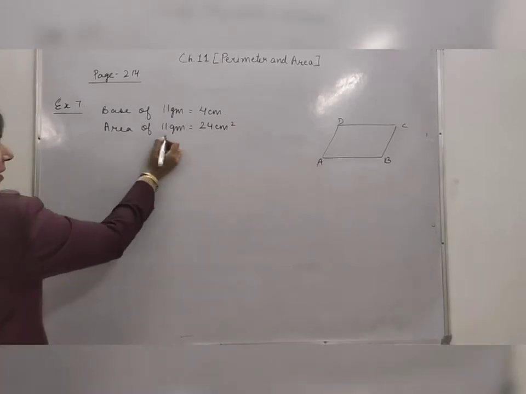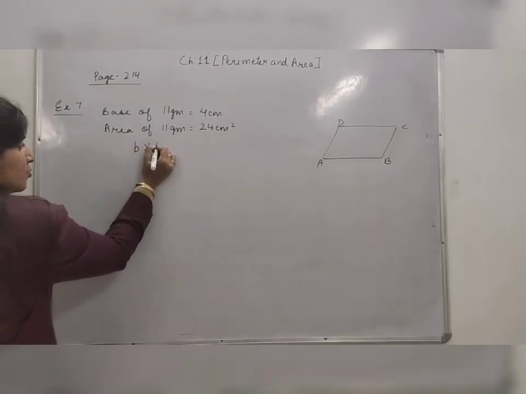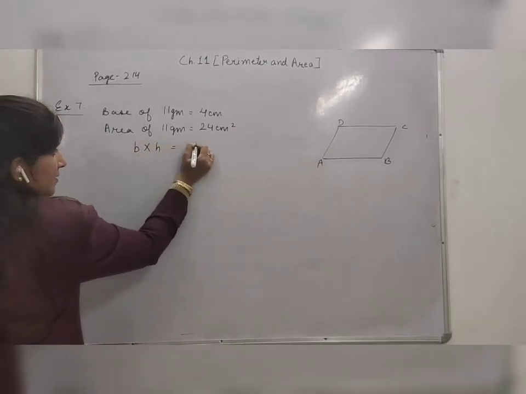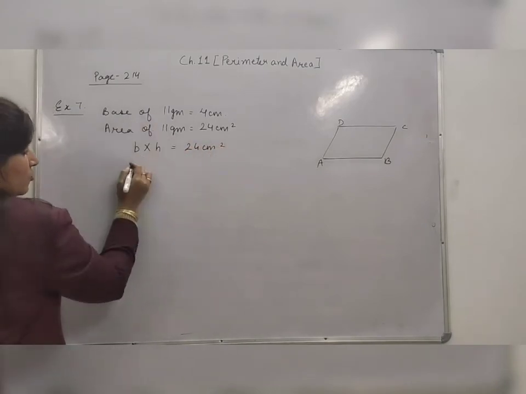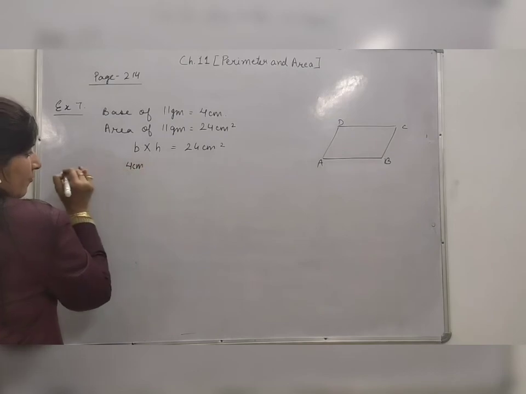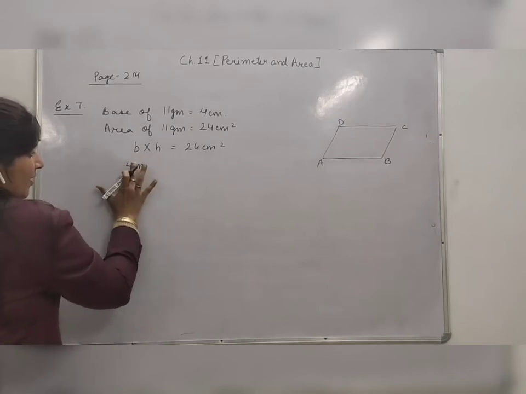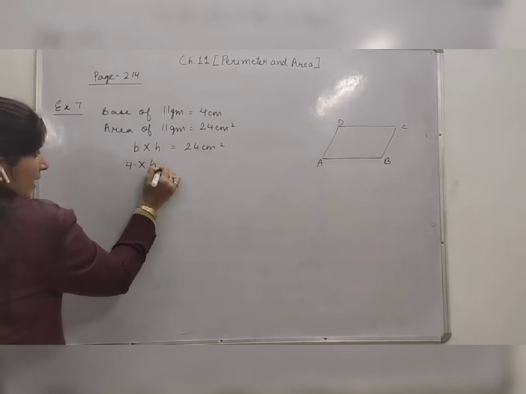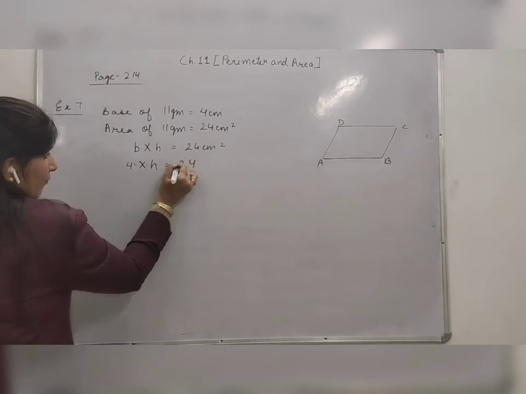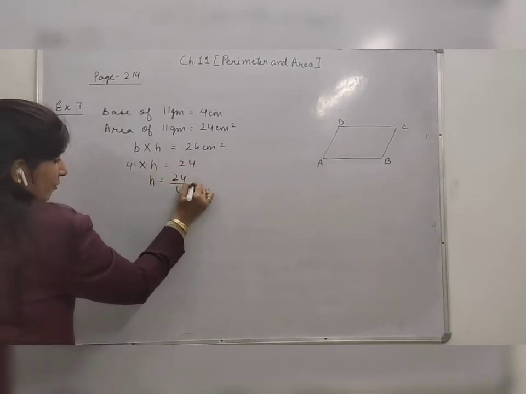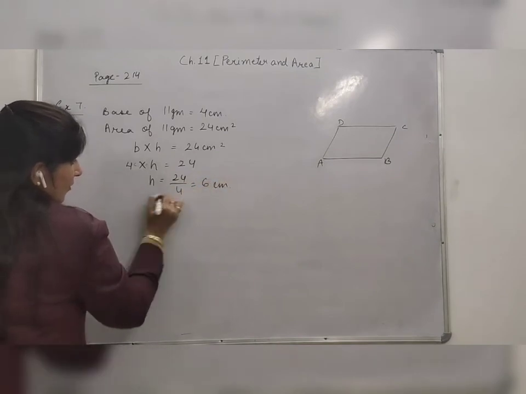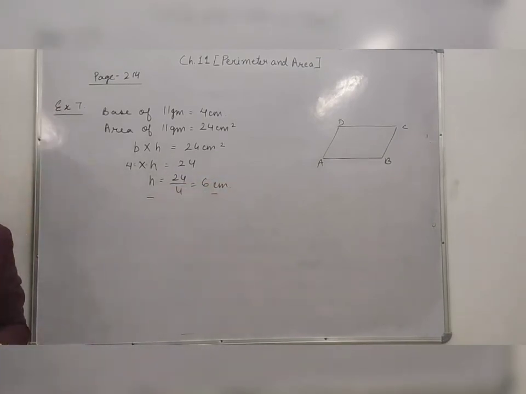So the area of a parallelogram, as we know the formula, is base into height, that is 24 centimeters square. Now the base is given, so we can put the value of base 4 centimeters, or simply write 4 into h is equal to 24 to solve. So height is equal to 24 divided by 4, that is 6. So the height will be 6 centimeters. This will be the answer.